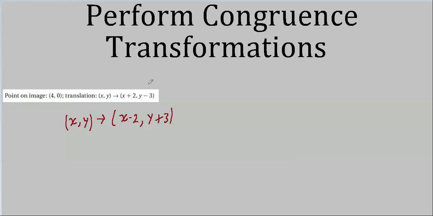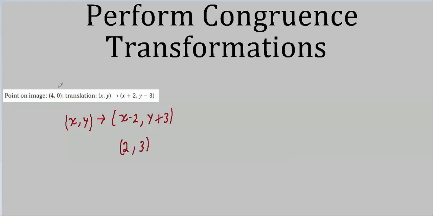And how do we do that with the point (4, 0)? Well, we subtract 2 from 4 and get 2. We add 3 to 0. And we get the point (2, 3). That would have been the original point if the image was (4, 0).